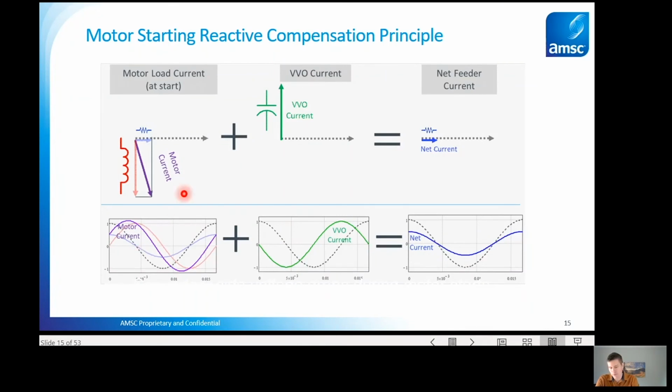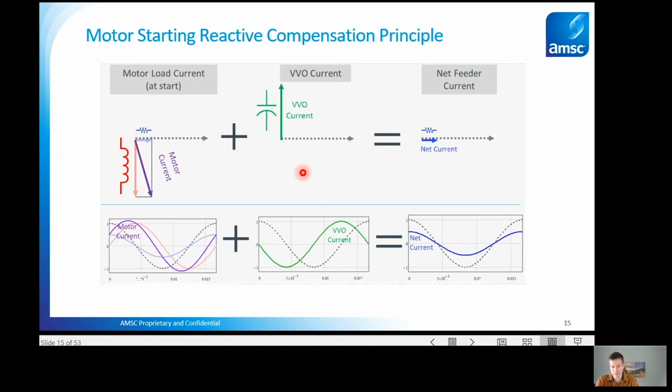Here's the basic principle of operation applied now. On the left here, what we're showing is that inductive inrush of current. We think about this vertical axis as the reactive power axis, and the horizontal axis as the real power axis. That motor inrush current is primarily reactive on startup.